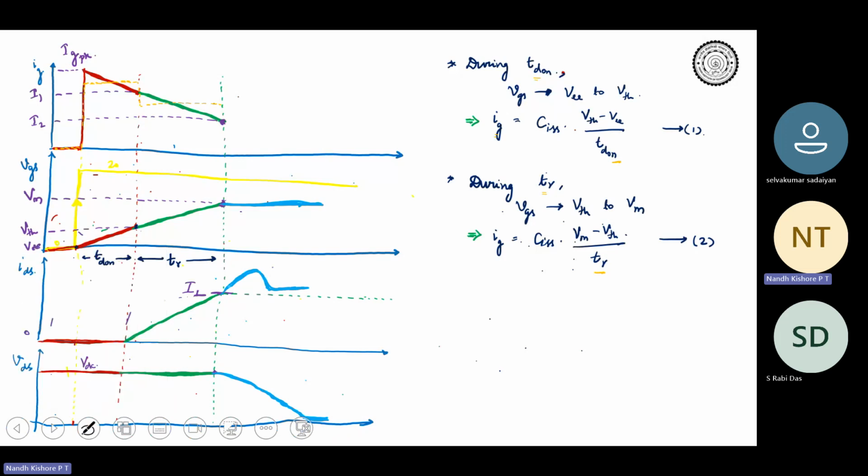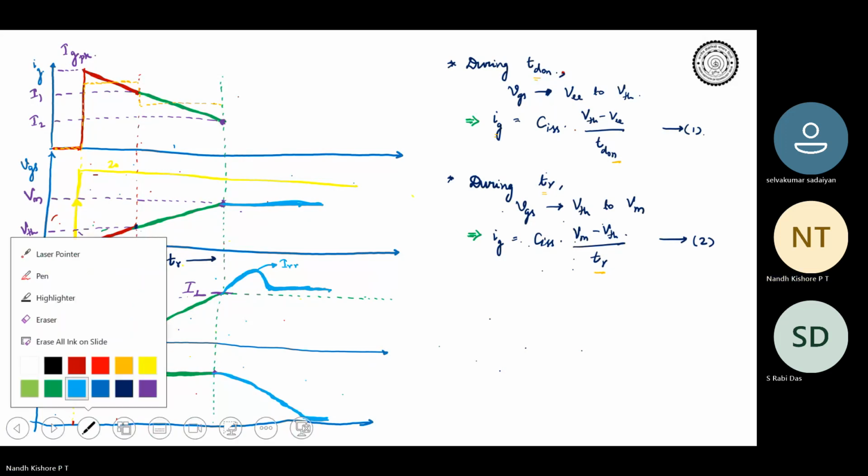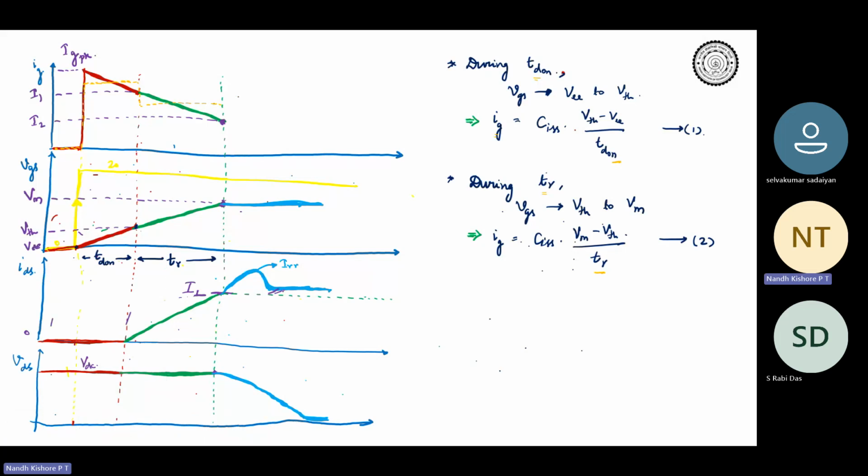But what happens to your current? It will be having a bump. This bump corresponds to IRR, and there will be a constant current until this period ends, right? So there will be a constant current above IL.